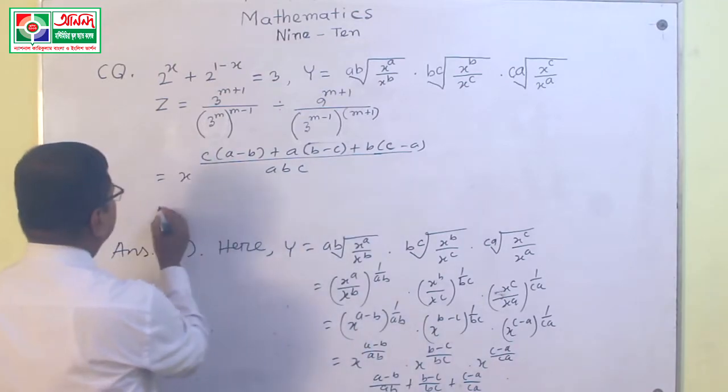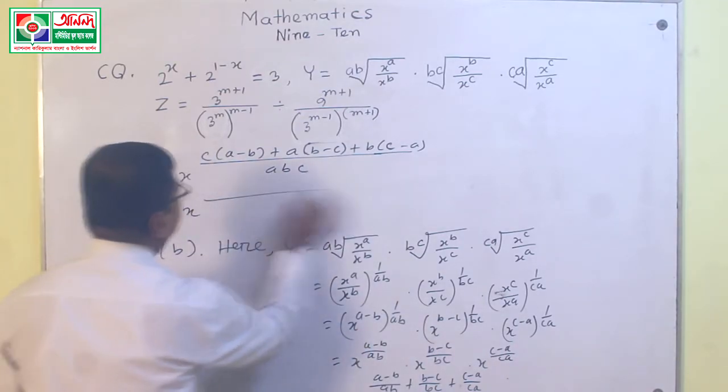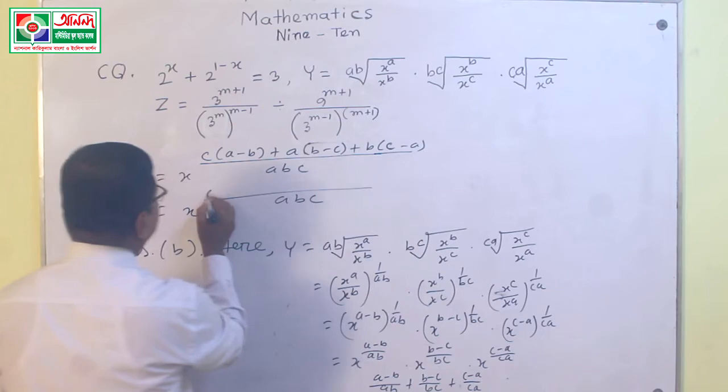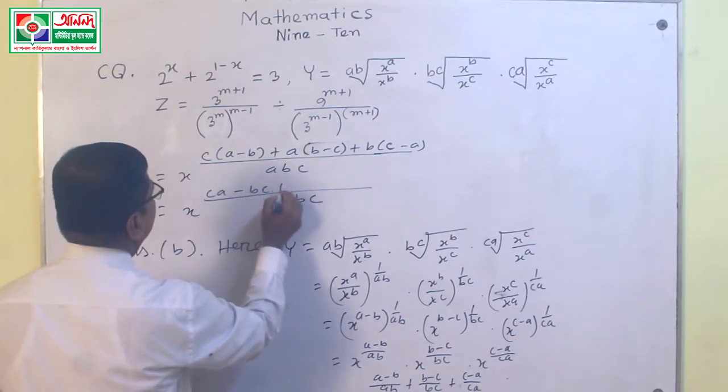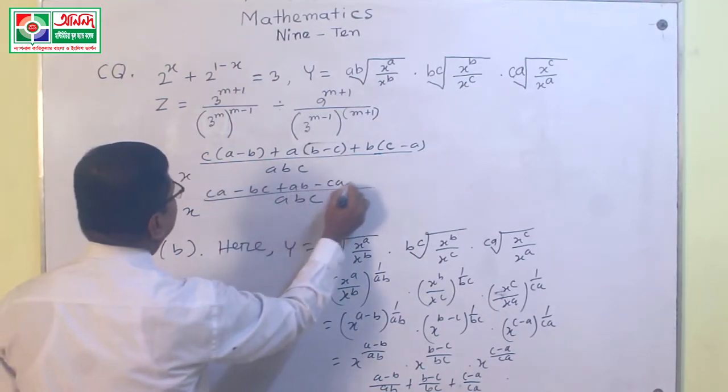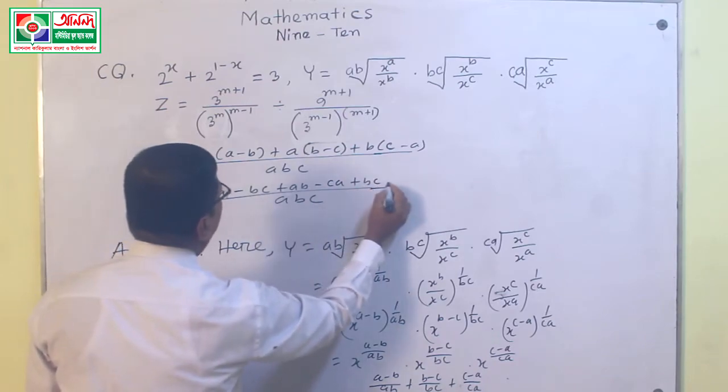Look at here x to the power, over abc, ca minus bc plus ab minus ca plus bc minus ab.